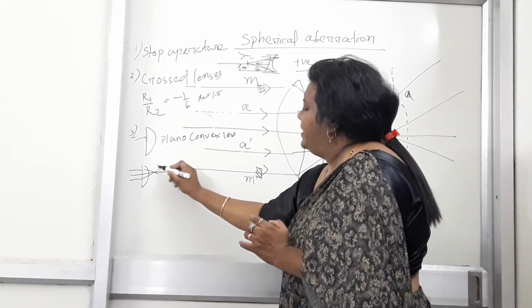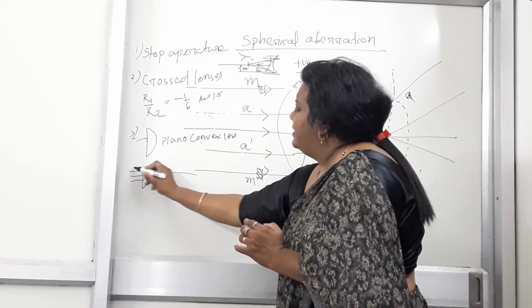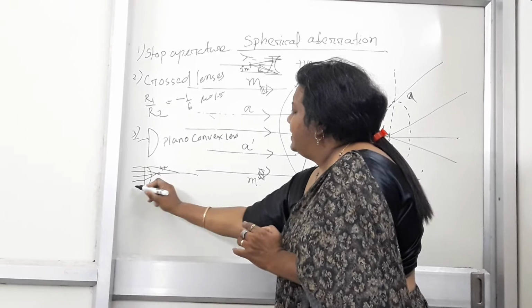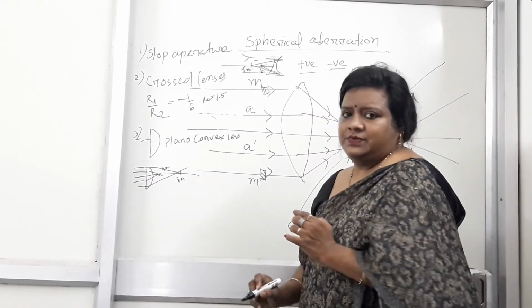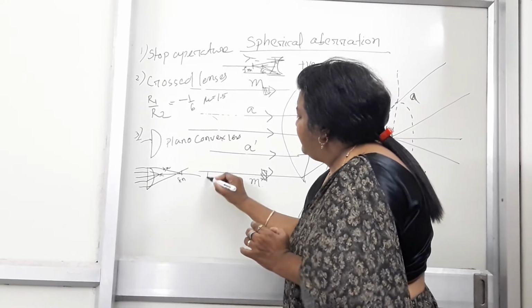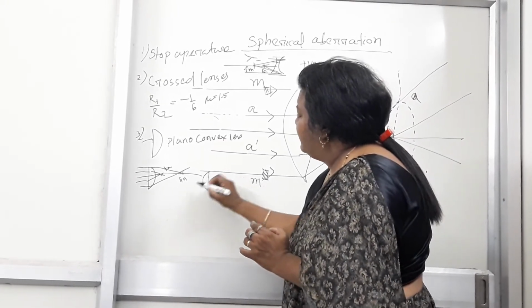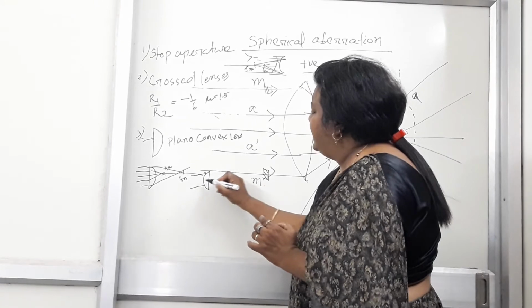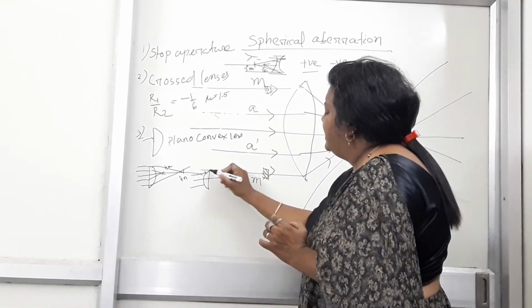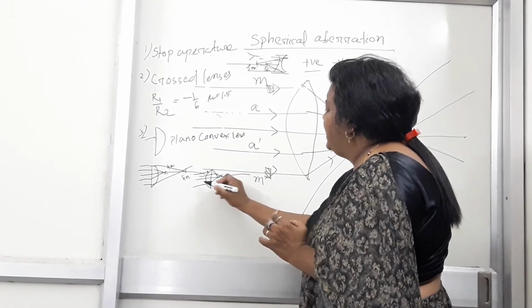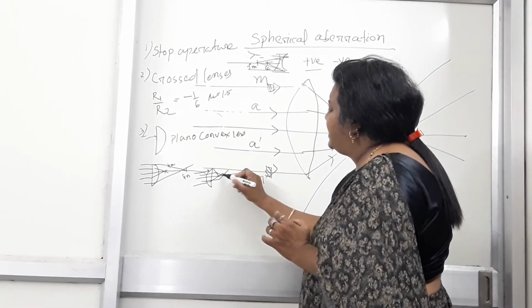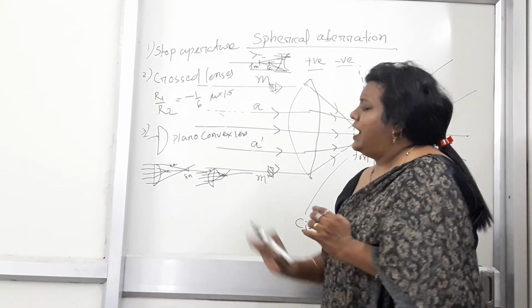This is my Fm. This is my Fa. This is my Fm. Here the deviation becomes maximum. When we interchange it, when we face the convex surface towards the incident ray, the deviation becomes minimum and hence we can reduce the aberration.